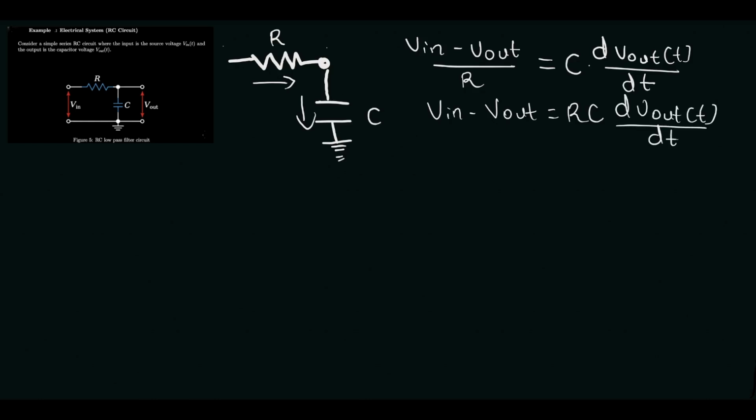Then your Vin will now be equal to your RC times the differential of your output voltage over dt, plus Vout. Let's take a look at this next example.